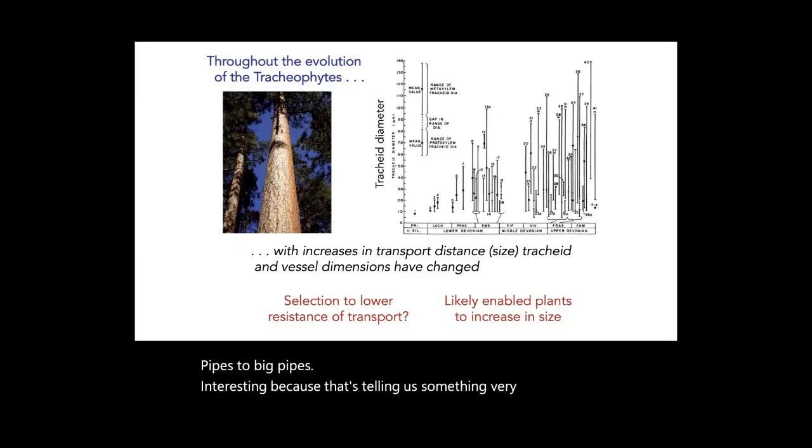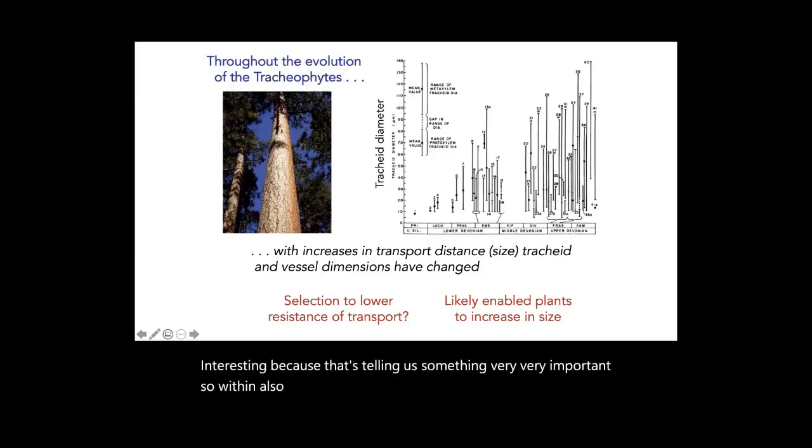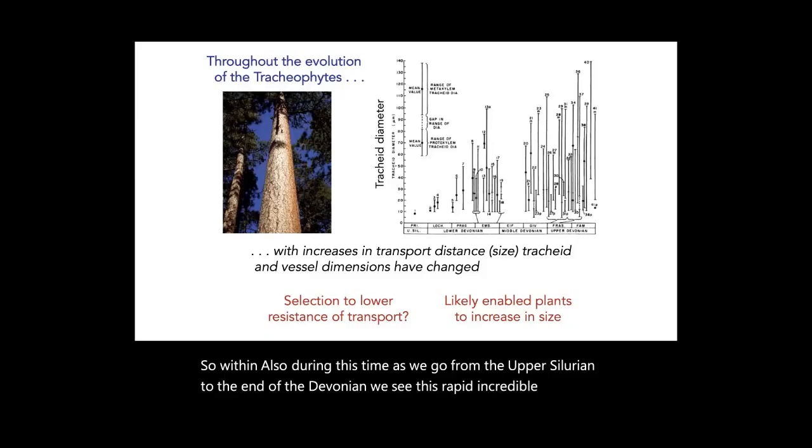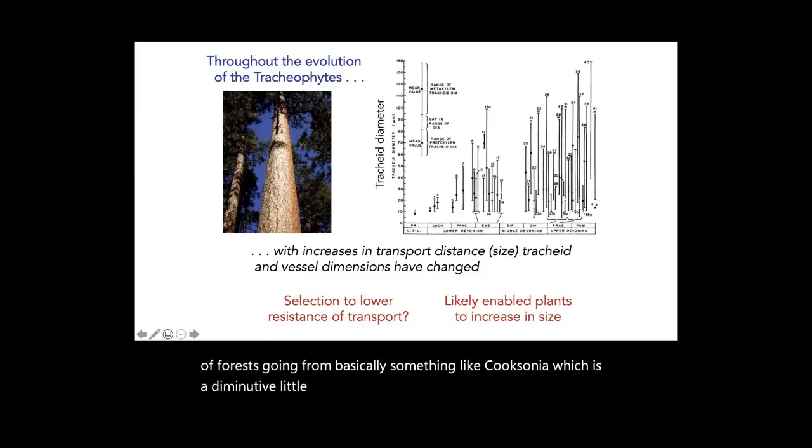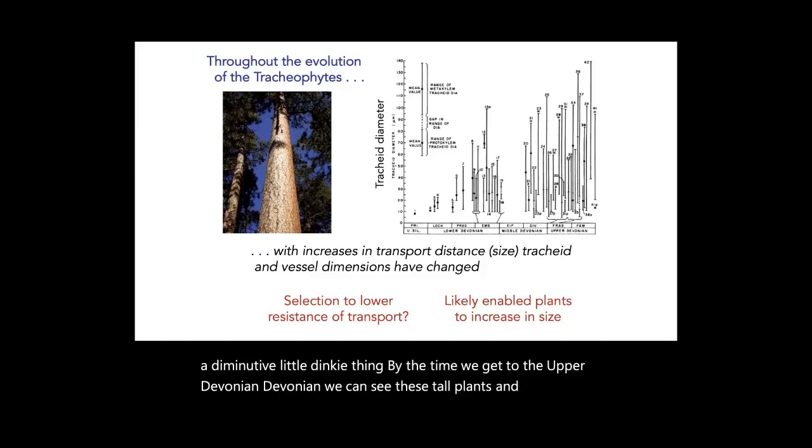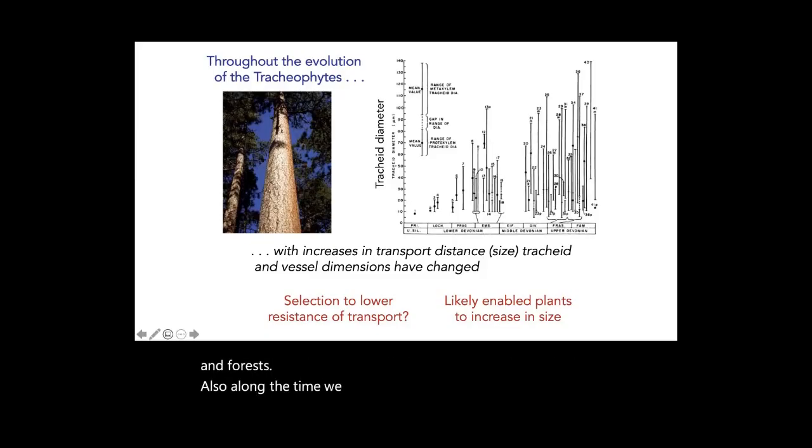So also during this time, as we go from the Upper Silurian to the end of the Devonian, we see this rapid, incredible evolution of forests, going from something like Cooksonia, which is a diminutive little dinky thing, to, by the time we get to the Upper Devonian, tall plants and forests. Also along that time, we see this big change in the sizes of pipes.